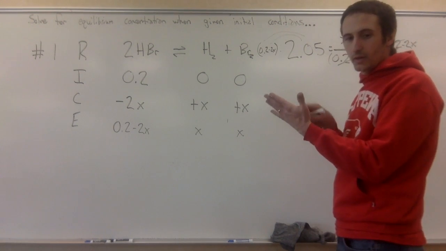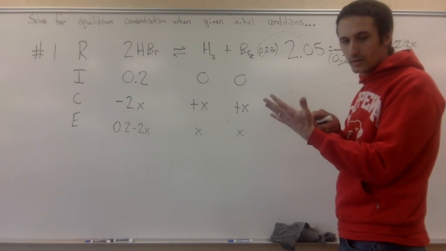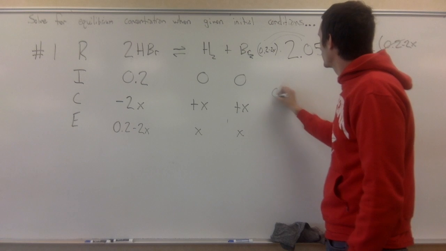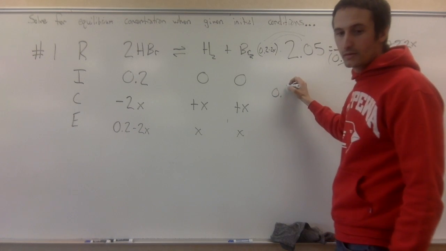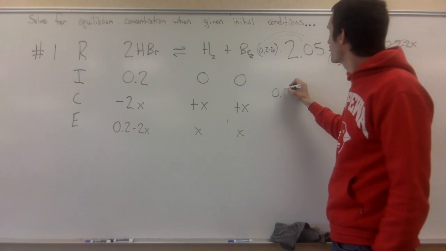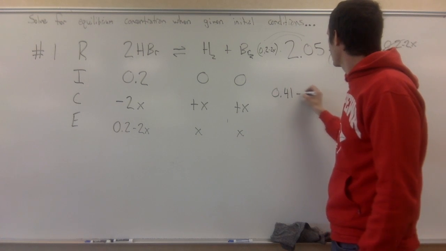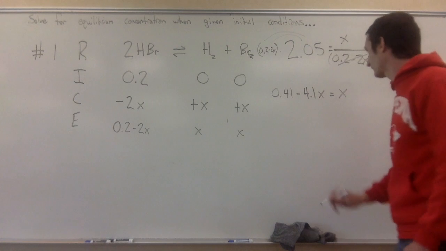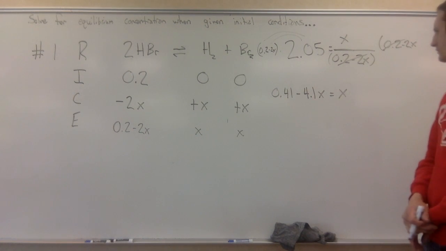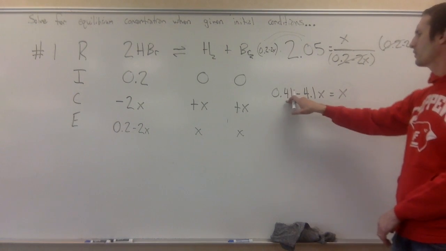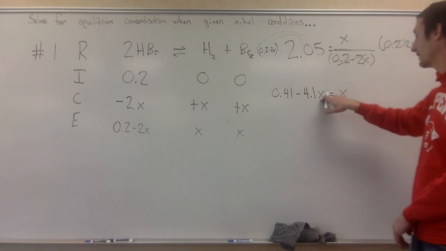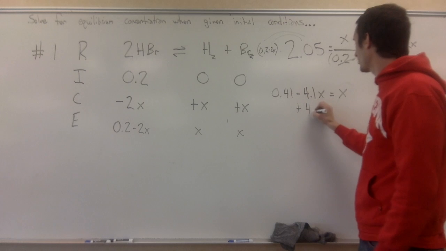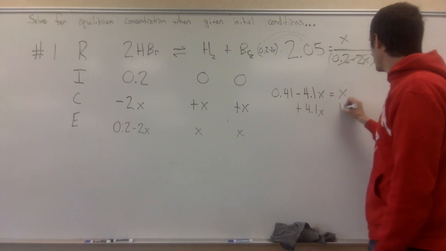Again, I'm going to get my calculator rolling. We better make sure that we each get the right answer. So I got 0.41 minus 4.1x equals x. We're going to combine like terms, so I'm going to add 4.1x to each side of the equation.